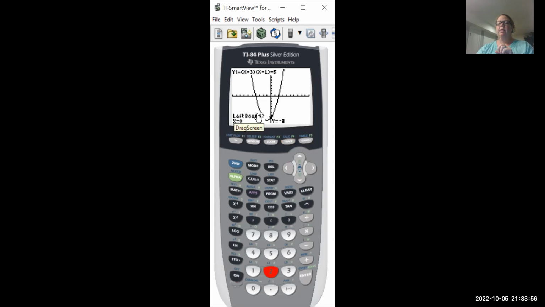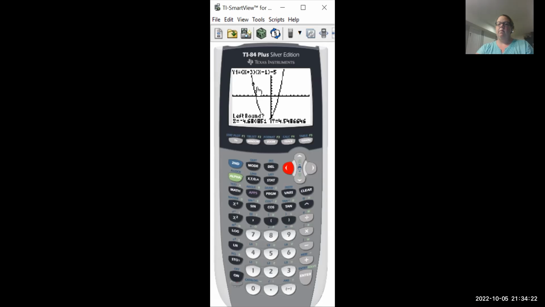The first one says left bound. By left bound, they mean what part of the parabola is on the left side and going out of bounds. So that's anything that's up in this section. You have a little Spidey guy right here. You're going to move him over here to the left side of the parabola that's almost going out of bounds, meaning off the screen.